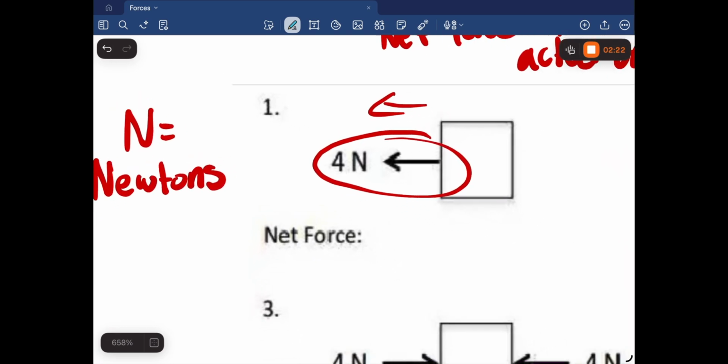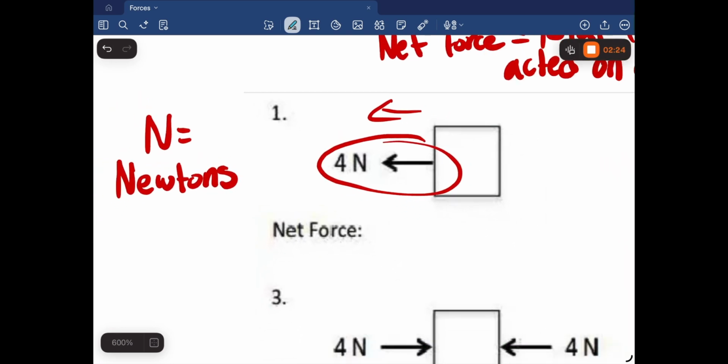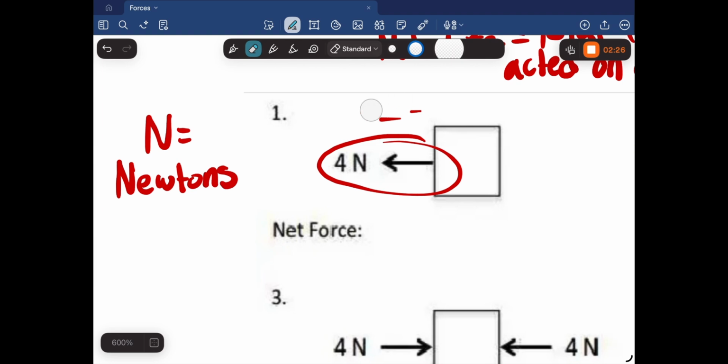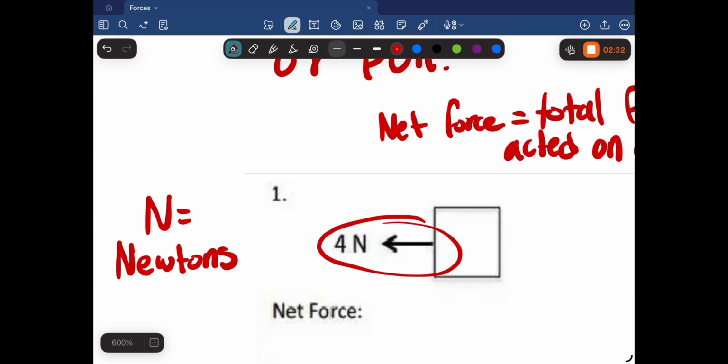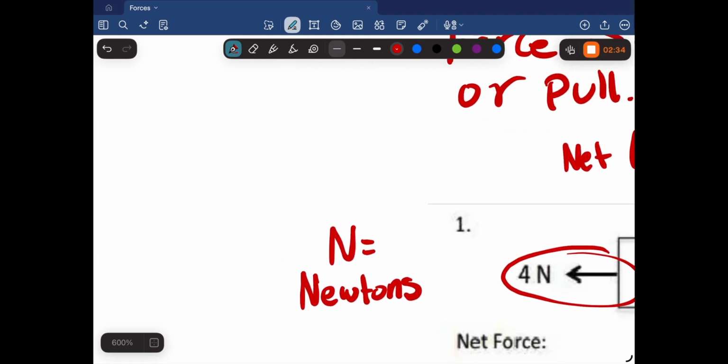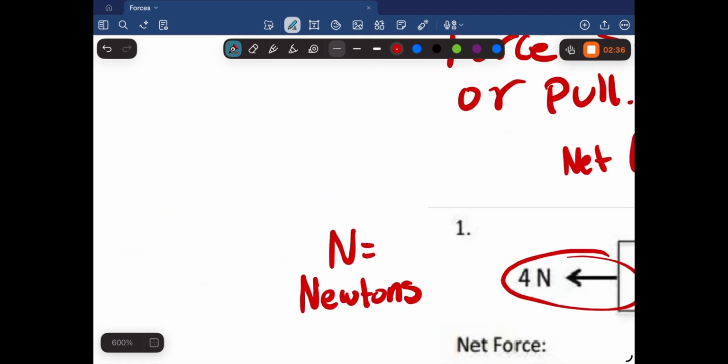Again, this object is moving to the left. Now, if you do not know your left from your right, here's a really quick way for you to remember. Hold out your arms right now, and try to make an L with your hands. Your left hand will look like this, your right hand will look like this. This is your thumb right here, this is your thumb right here.